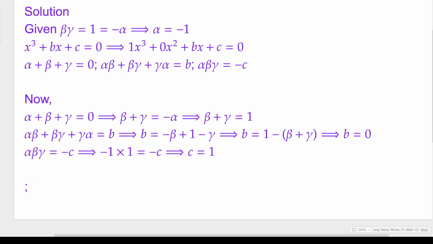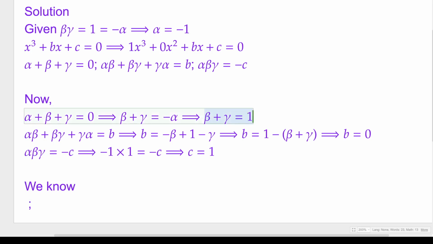Now for this part, we have this fact, that beta plus gamma is equal to 1. And along with this we have the product of beta and gamma, that is 1.